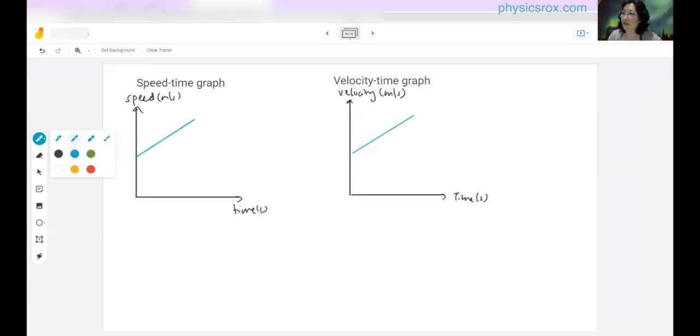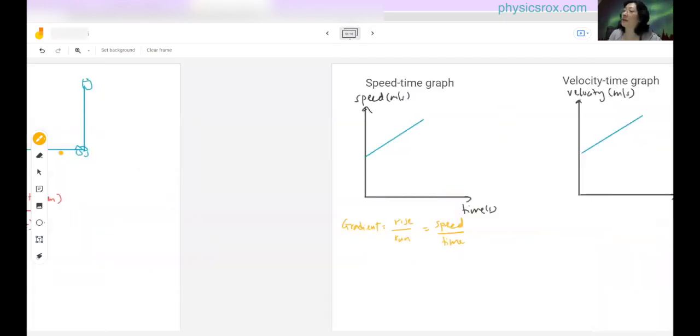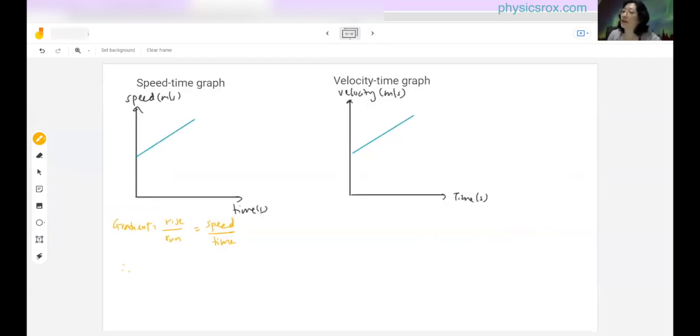When you calculate gradient, remember gradient is rise over run. This becomes speed over time. And just now we already saw that increasing speed means acceleration is the gradient. Acceleration is the gradient.